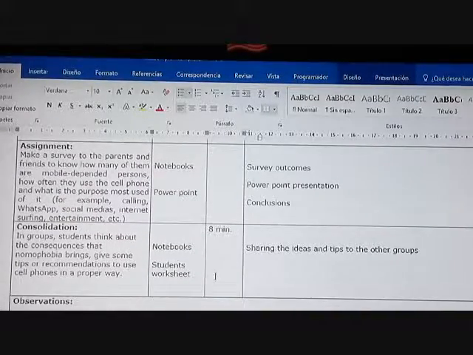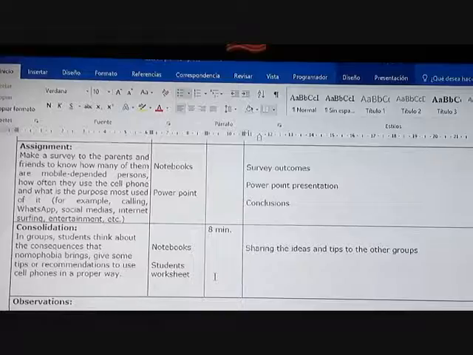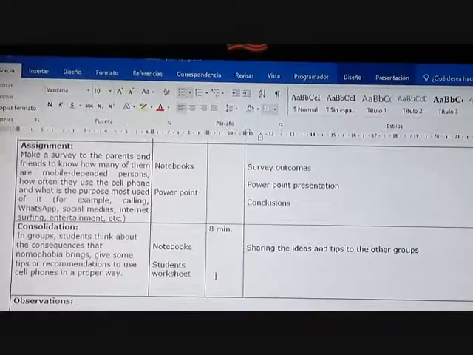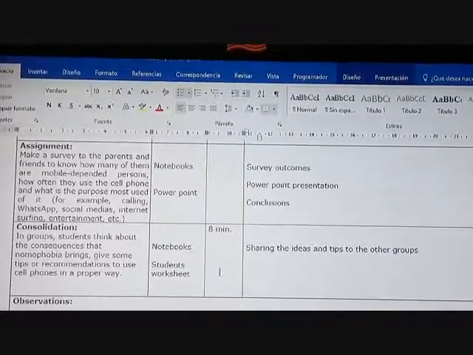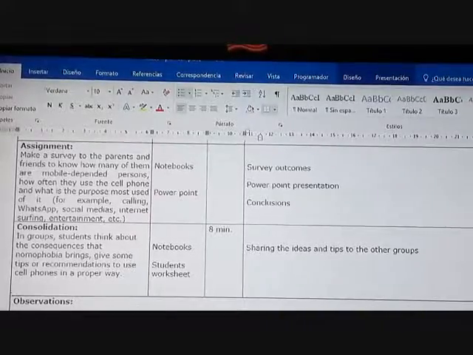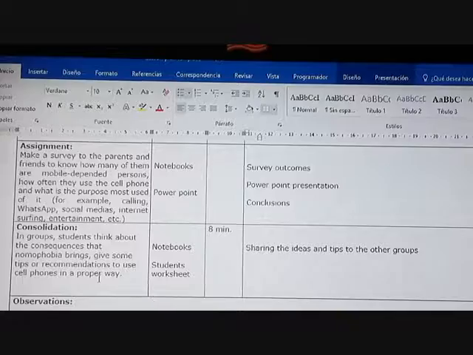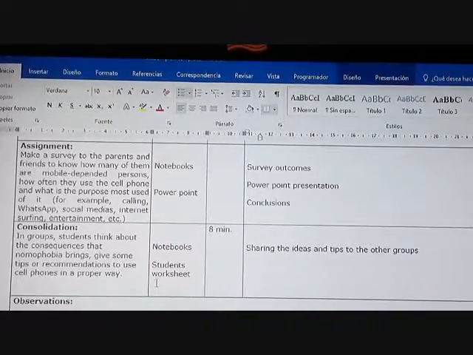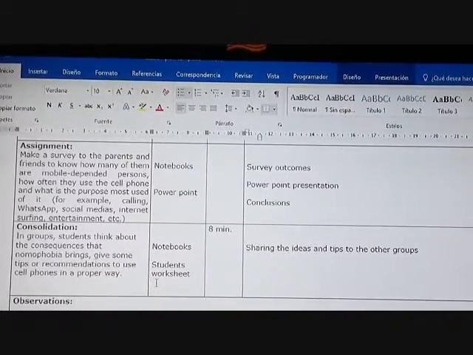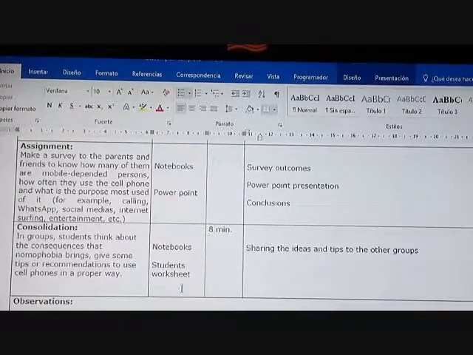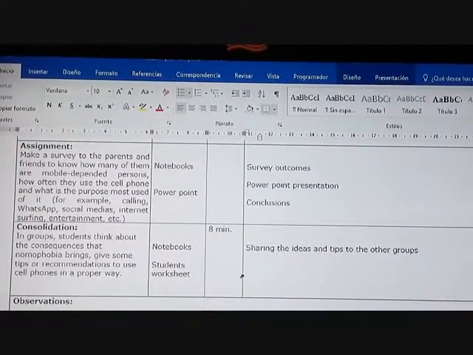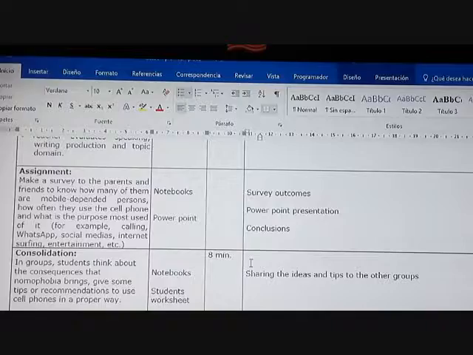Well, and finally, the consolidation stage consists of group work. Students think about the consequences that nomophobia brings and give some tips or recommendations to use cell phones in a proper way. For this stage, students can use their notebooks and work on the student's worksheet. They share the ideas and tips with the other groups.